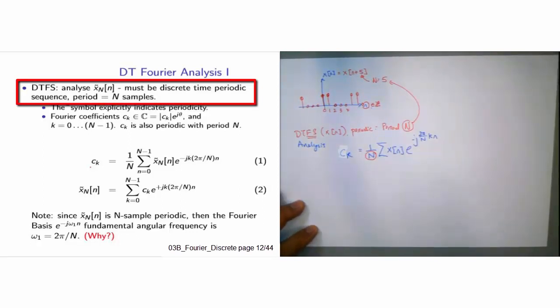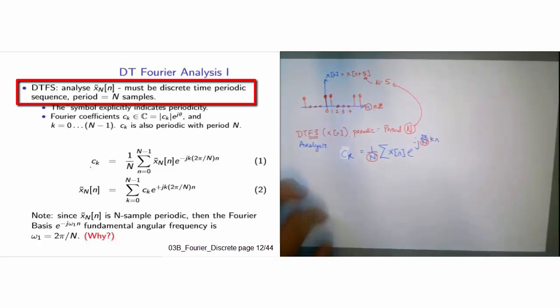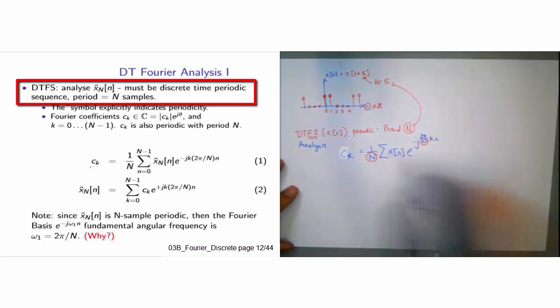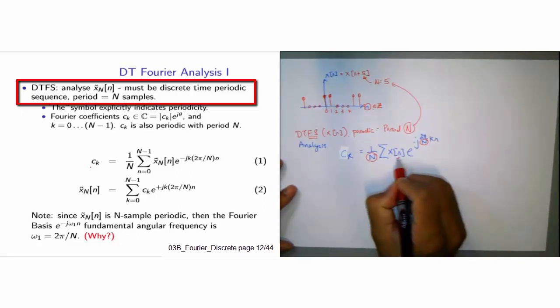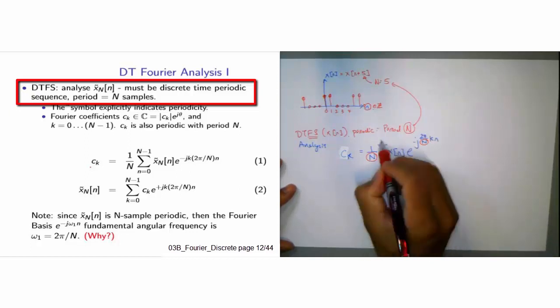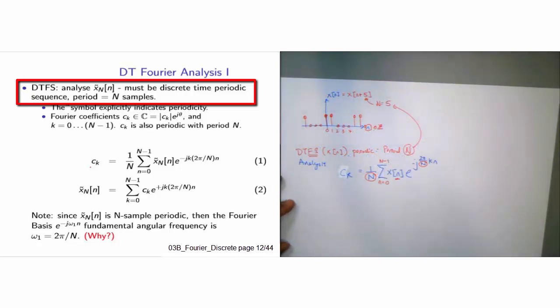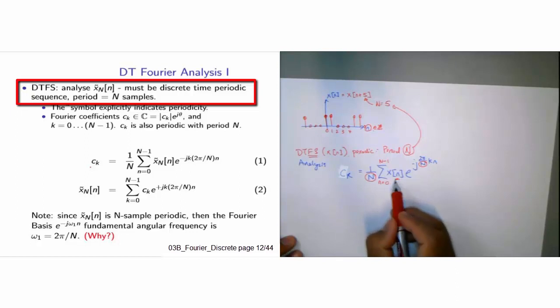I'm going to normalize it, and here. All right. Let us play with the range first. What about this n, small letter n? n equals 0 to N minus 1, a single period.